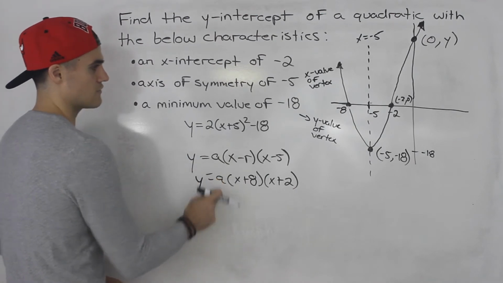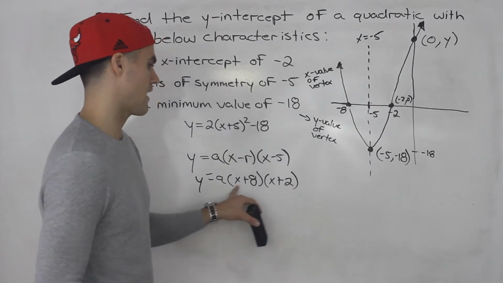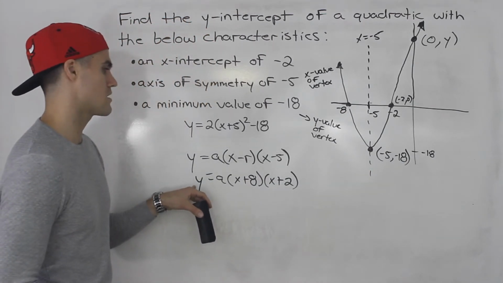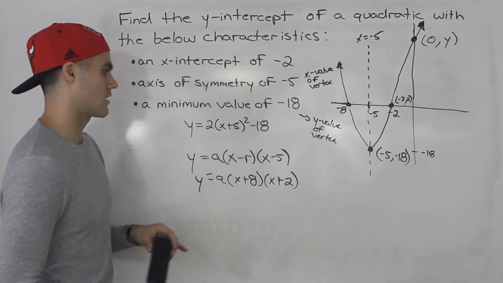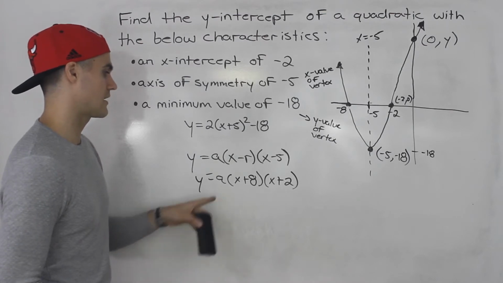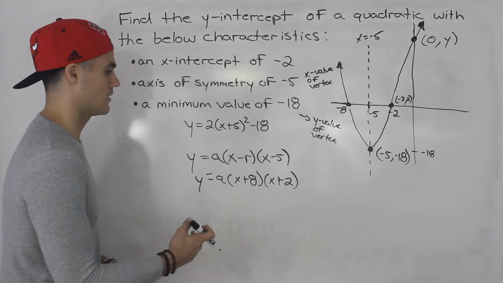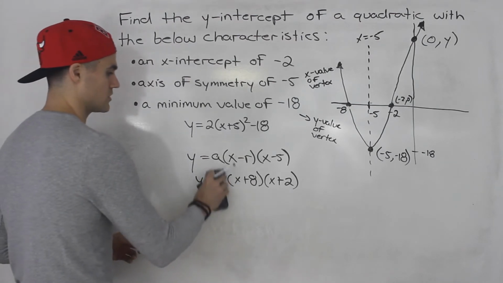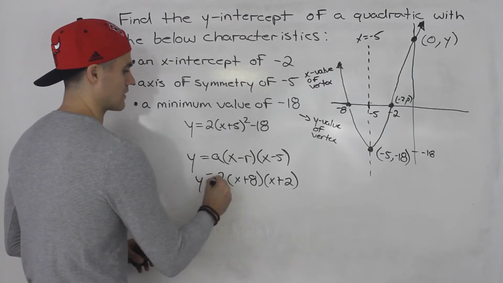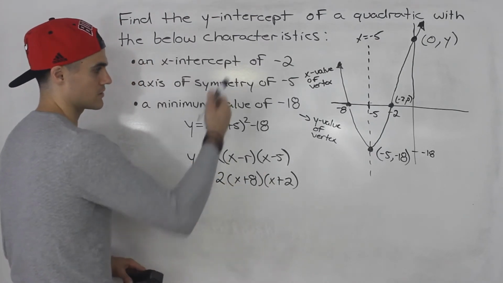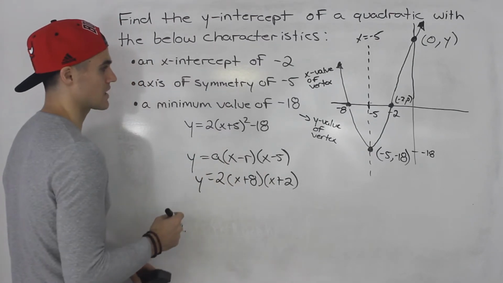Then to solve for a, we could plug in -5 for x and -18 for y, and we would end up getting an a value of 2 here as well. Then once we have that equation, we plug in 0 for x and solve for the y-intercept. Either way would give you the same answer.